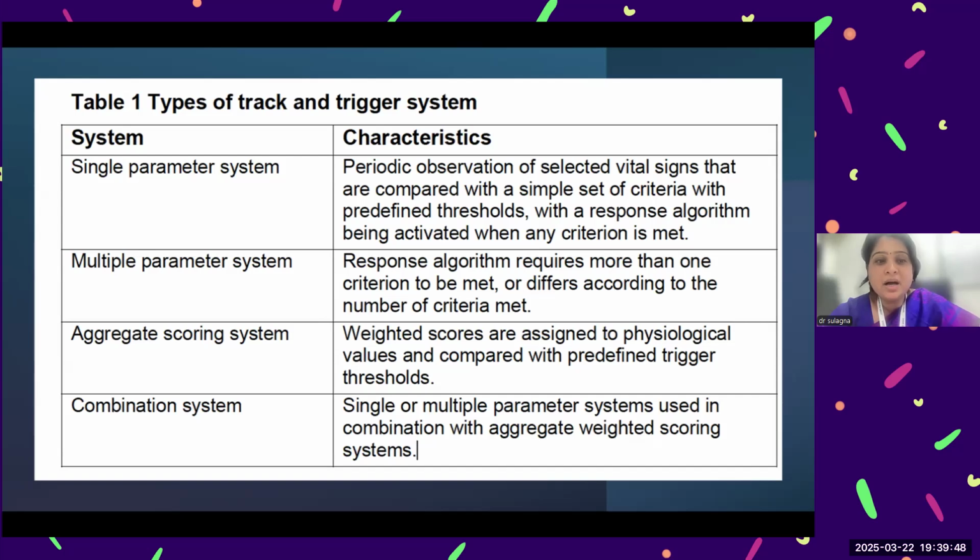So next came the aggregate scoring system. They were developed from weighted scores, which were assigned to physiological values and were compared with predefined trigger thresholds. And the last came the combination system, where single parameter or multiple parameter systems were used along with aggregate weighted scoring systems. We will come to these later.